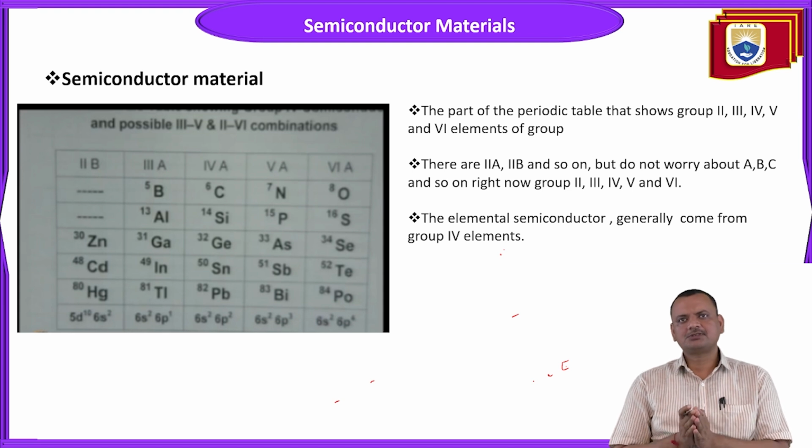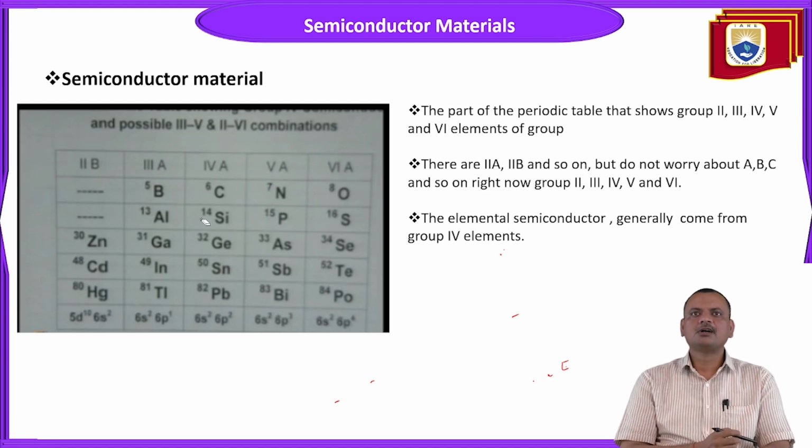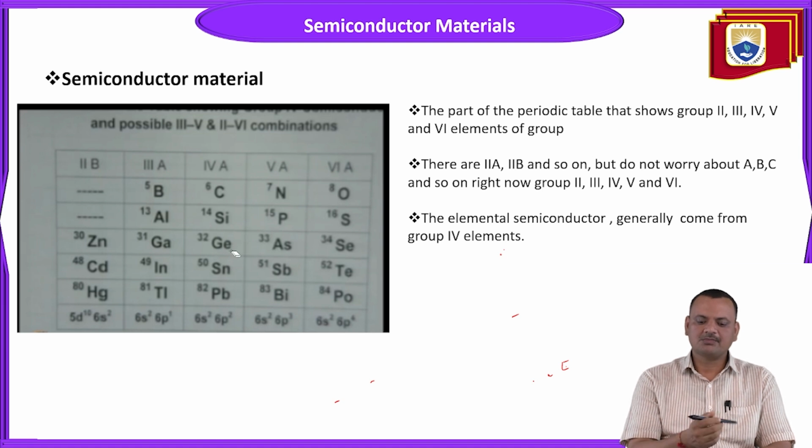Basically, these groups of materials are available to form semiconductors. The natural semiconductors occur from fourth group elements, like silicon, germanium, or tin. Why? Because these are naturally occurring semiconductors.